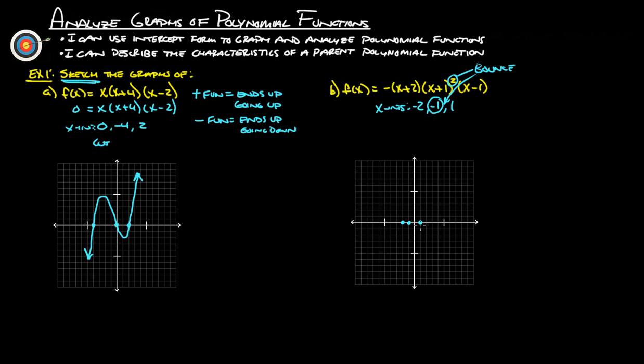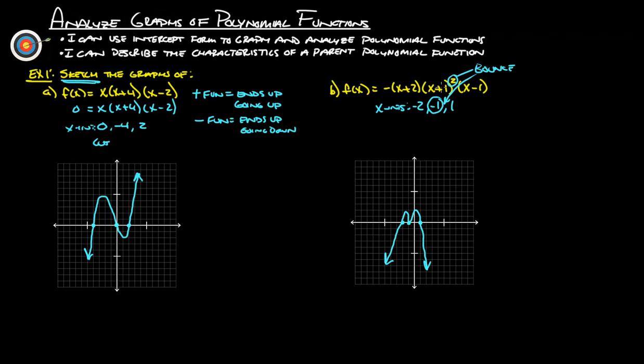Okay, so if it ends up going down like this, we just guesstimate, and it's going to bounce off of negative 1. So I know it's going to come up here, and come down here, and bounce off of negative 1, and then cut through there. Right?